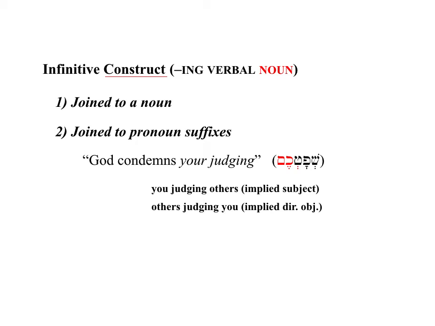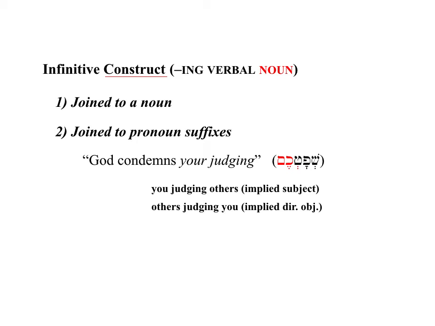You judging is the subject, others judging you is the implied direct object in this basically a construct phrase created by the suffix. Notice that in each of these cases, the infinitive construct is joined to something else.